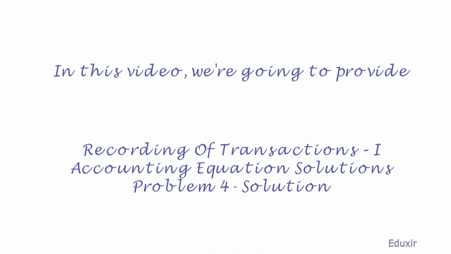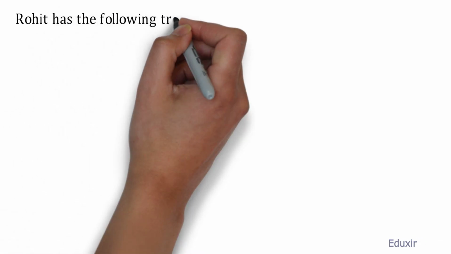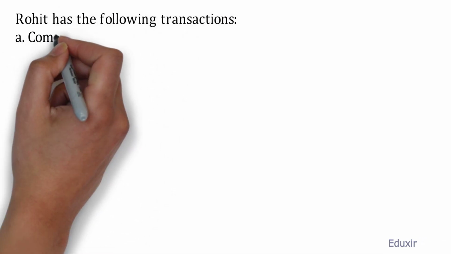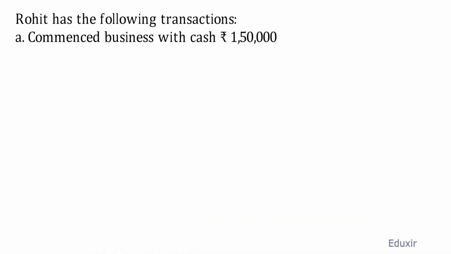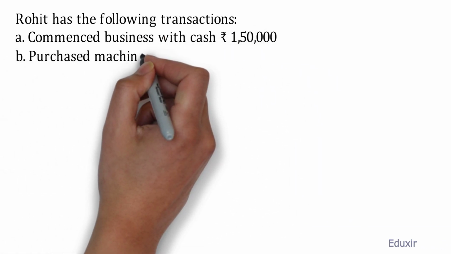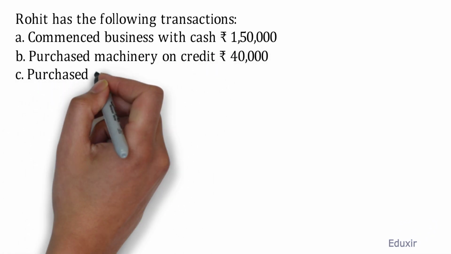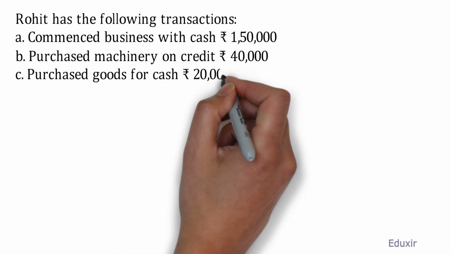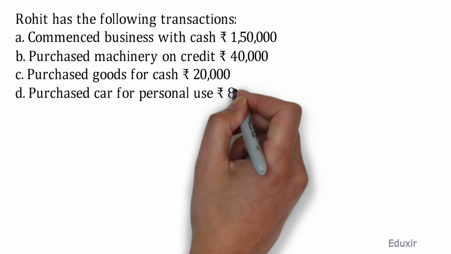The problem statement is as follows. Rohit has the following transactions. Commenced business with cash 1,50,000. Purchased machinery on credit 40,000. Purchased goods for cash 20,000. Purchased car for personal use 80,000.